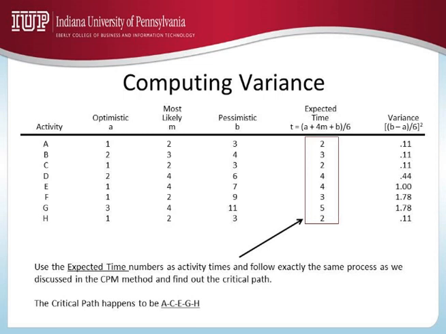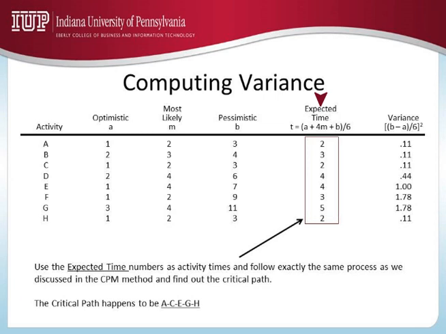Once you are done with that, the next step is very similar to CPM, critical path method, which you have understood now. Forget about these three estimates now. Just focus on these estimates. Use these expected time numbers as activity times and follow exactly the same process as we discussed in the CPM method and find out the critical path.